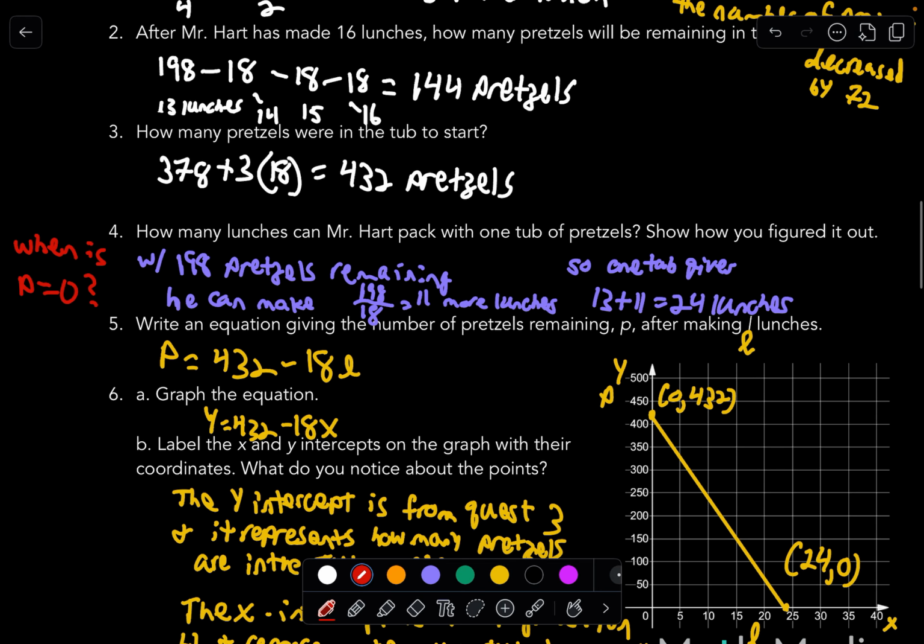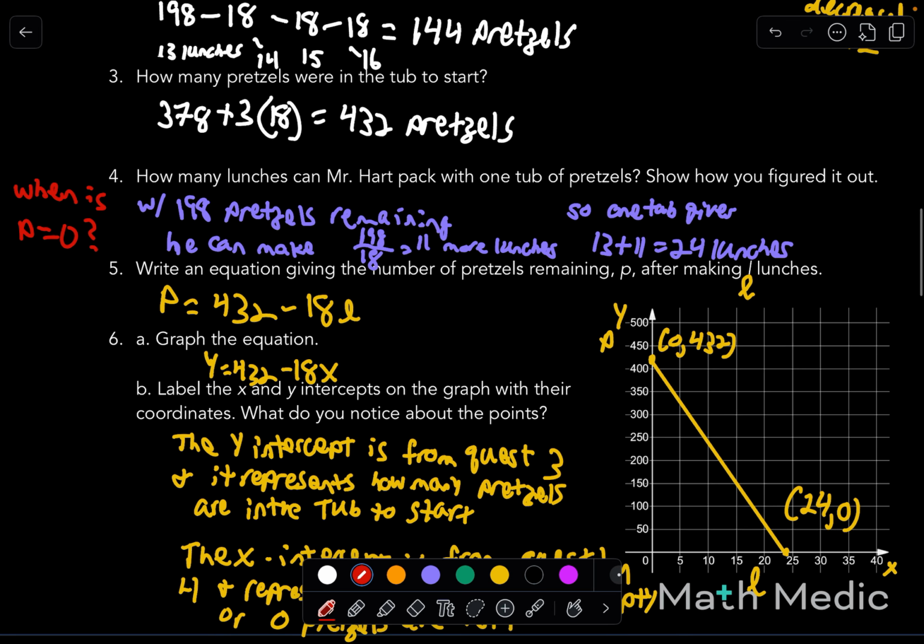And for number 6, graph the equation. Y-intercept, number of pretzels when L equals 0. That means we have no servings, no lunches.